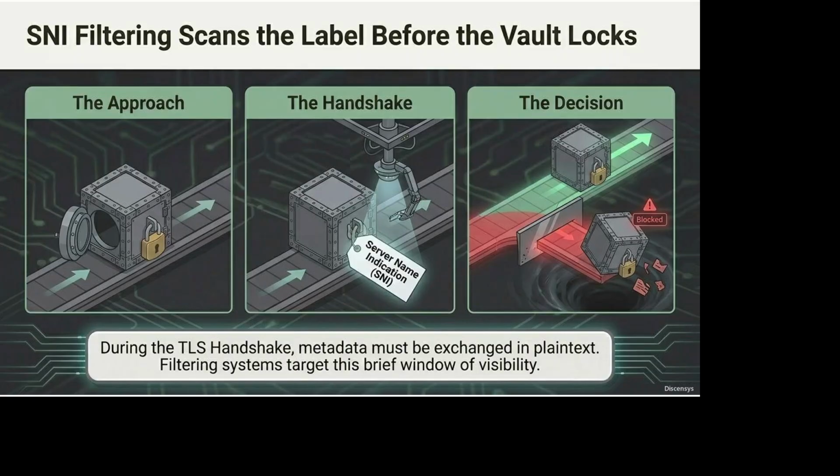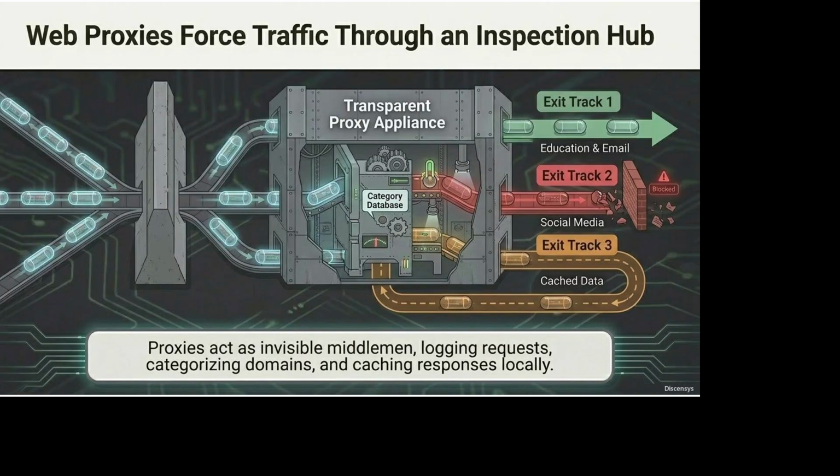So during the TLS handshake, metadata must be exchanged in plain text. Filtering systems target this brief window of visibility. Some organizations need even more control. So moving to web proxies, which force traffic through an inspection hub.